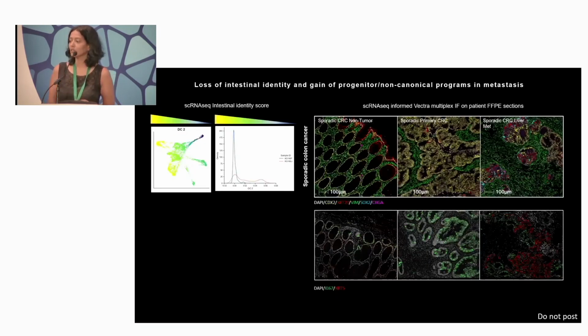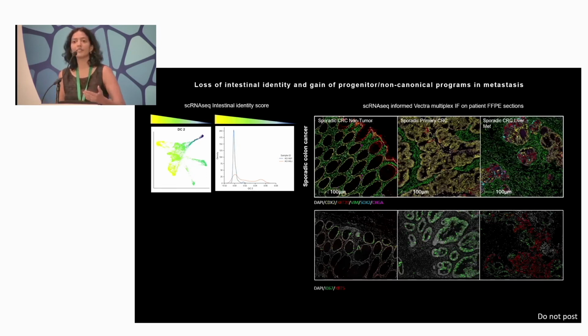We can, of course, validate these hypotheses using a different approach, in this case using multiplex immunofluorescence on protein from the tissue from the same samples that we profiled using single-cell RNA-seq, and we see, of course, in the normal colon, beautiful intestinal crypt architecture, single layers of epithelial cells expressing CDX2. In the primary tumor, an expansion of a differentiated CDX2 positive intestinal cell program.